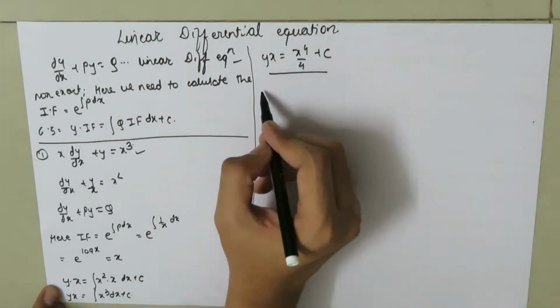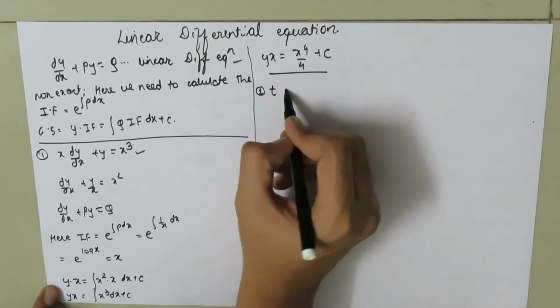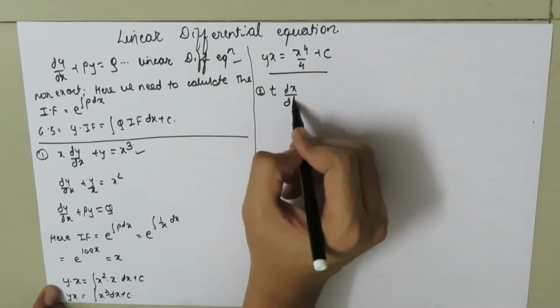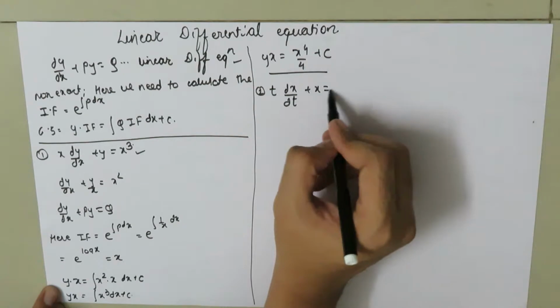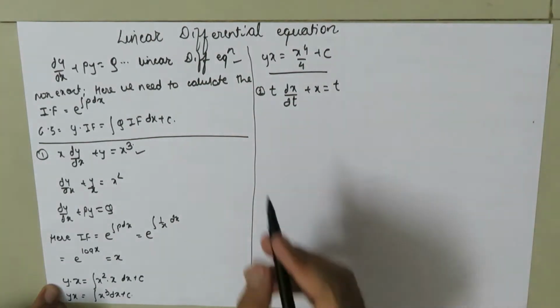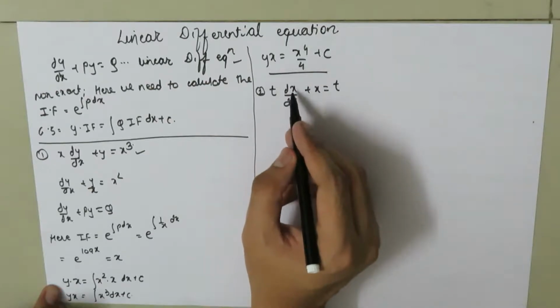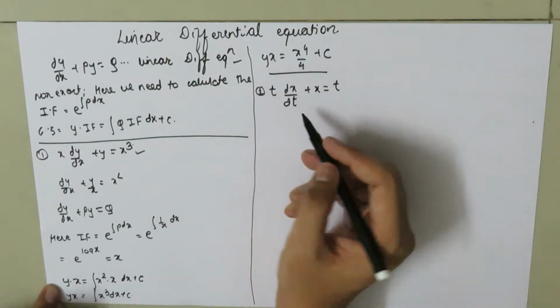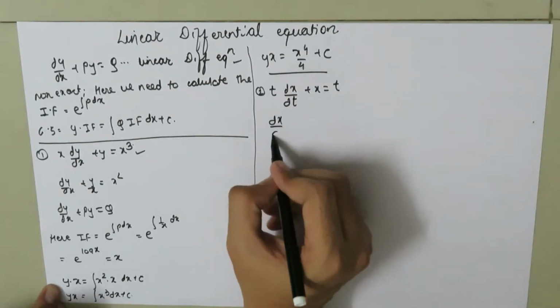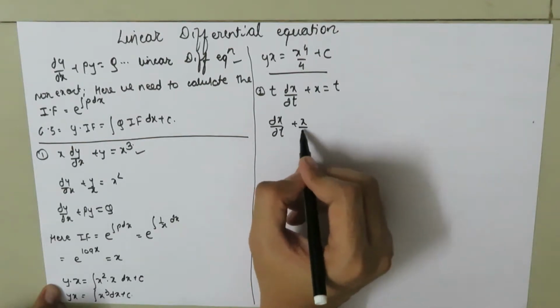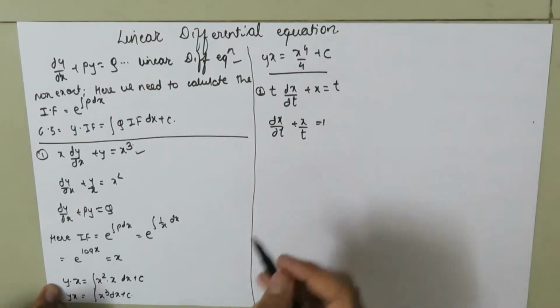Let's take another example, that is t times dx by dt plus x equals t. So what we are going to do is make the coefficient of dx by dt as unity. So dx by dt plus x by t is equal to 1.